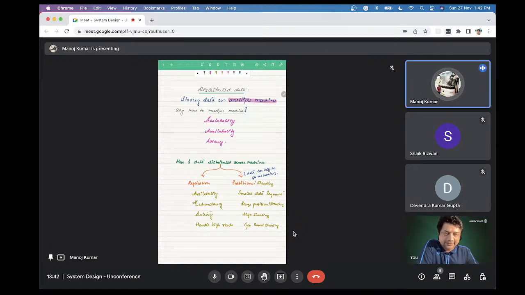As part of replication, there is availability, redundancy, latency, handling high reads. I would be explaining them separately. So why move to multiple machines: basically scalability, availability, and latency. Then in the replication part, how do you handle all these? Why replication comes into place? Once I go step by step, all these will be covered.